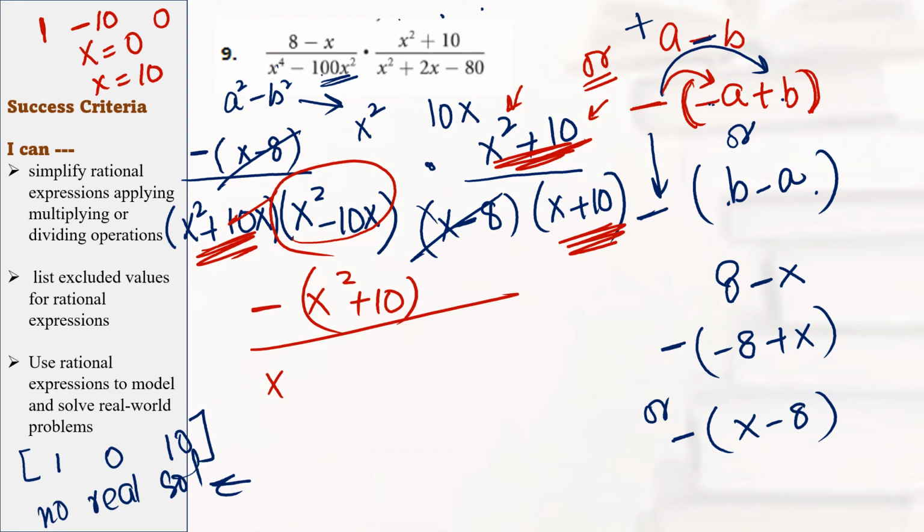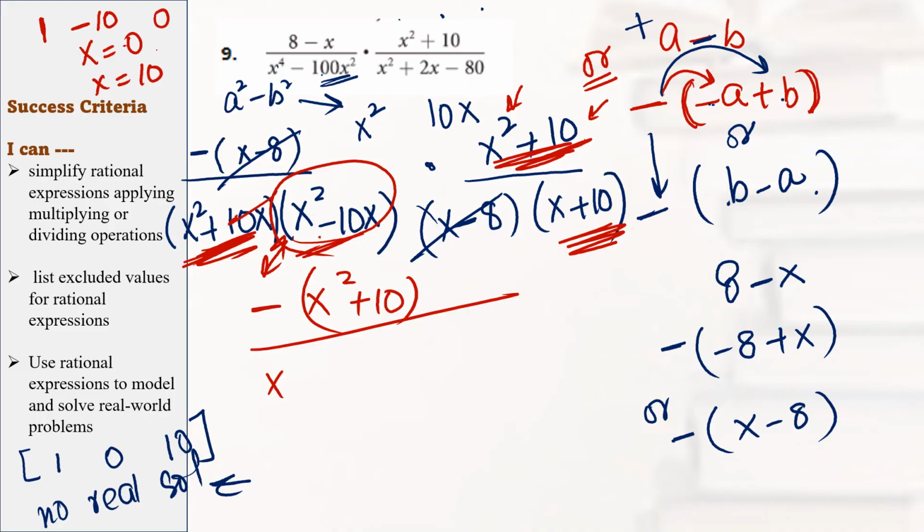So for the factor of this thing, look, this is x square minus 10x. I have here 1, negative 10 and 0, so the answers are 0 and 10.